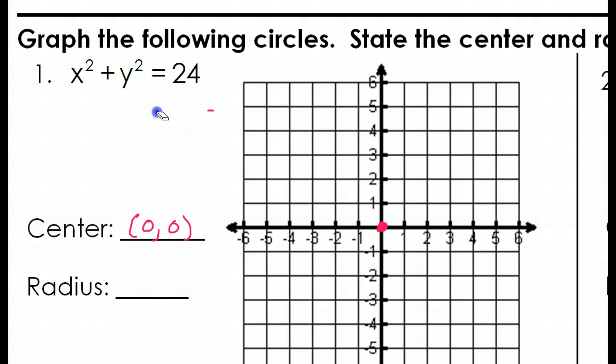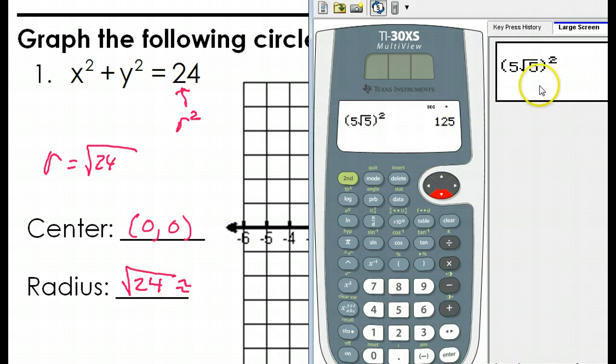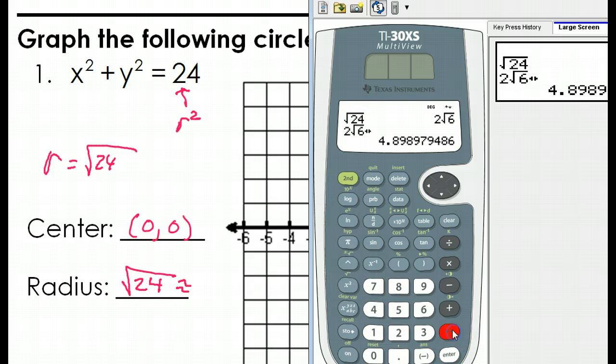Now this right here is r squared. That means r is going to be the square root of whatever's sitting here. So the radius is the square root of 24, which is approximately 4.9.